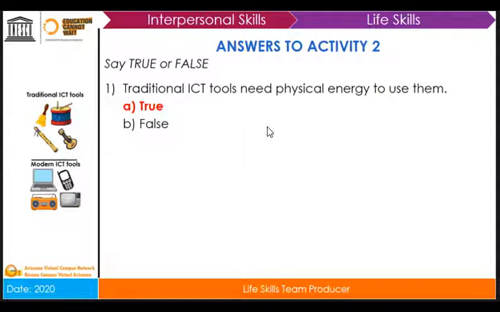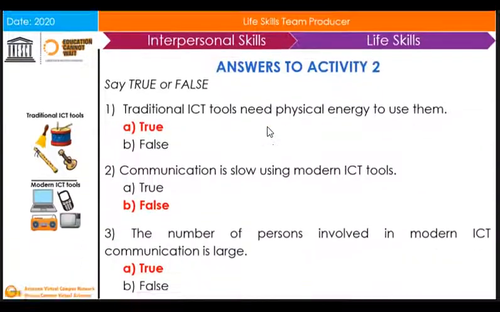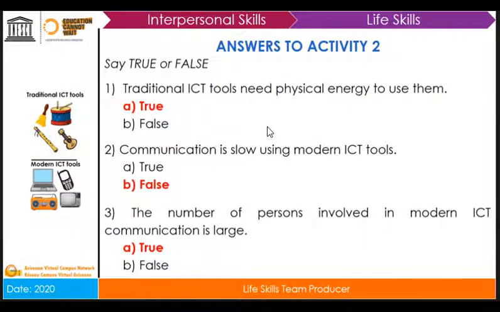The correct answer is true. 2. Communication is slow using modern ICT tools. The correct answer is false. 3. The number of persons involved in modern ICT communication is large. The correct answer is true. Excellent. I am proud of you.